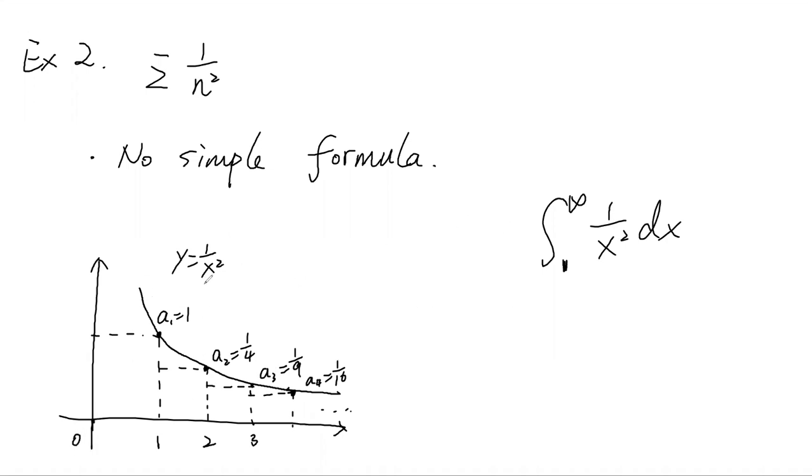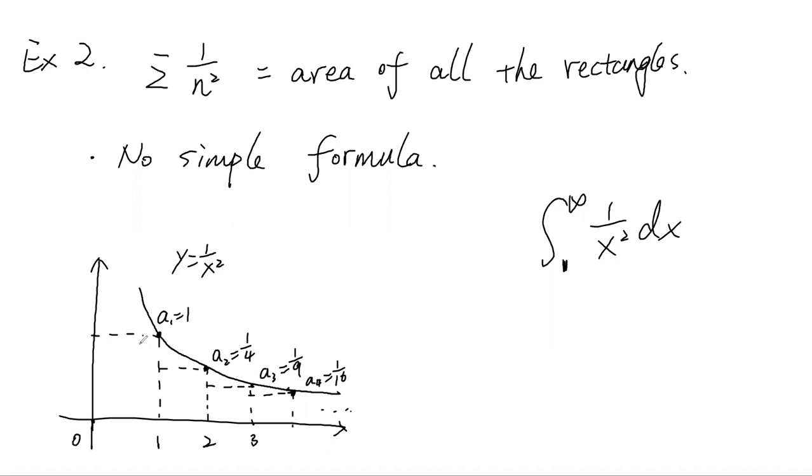So the series, the sum of 1 over n squared, is equal to the area of all the rectangles. So just these parts.